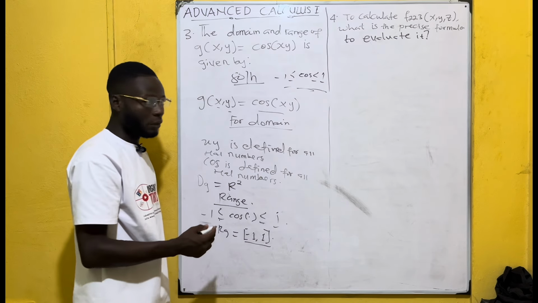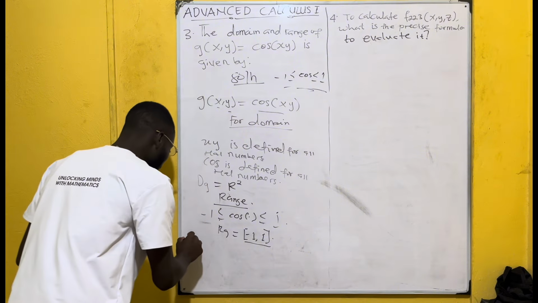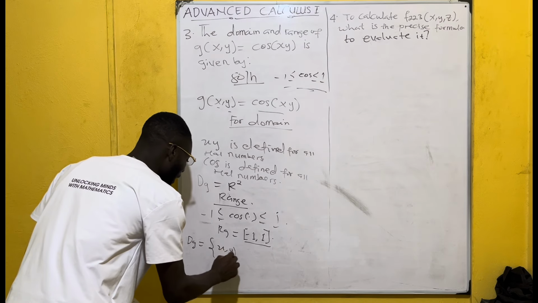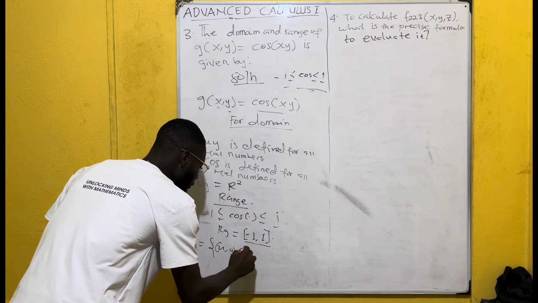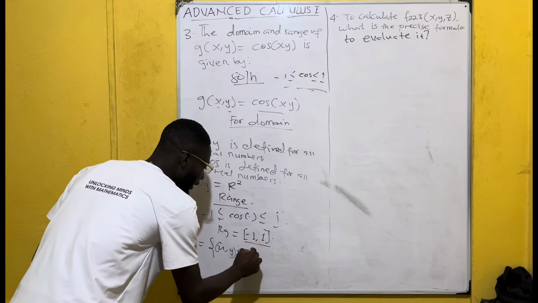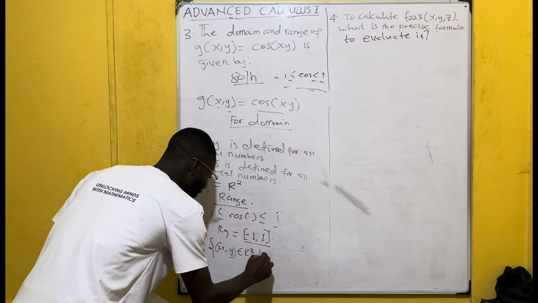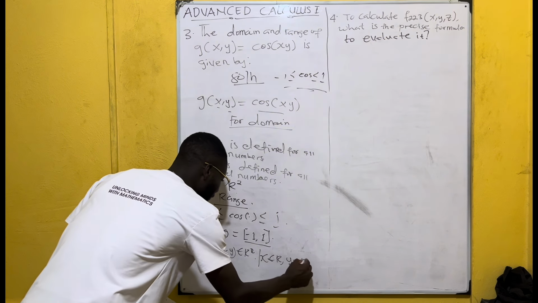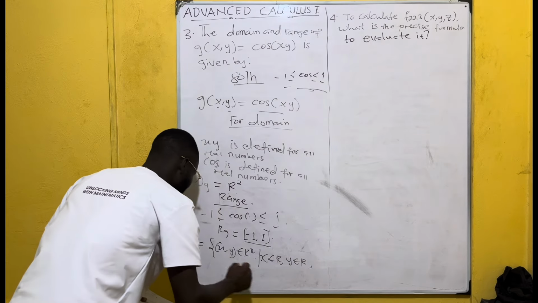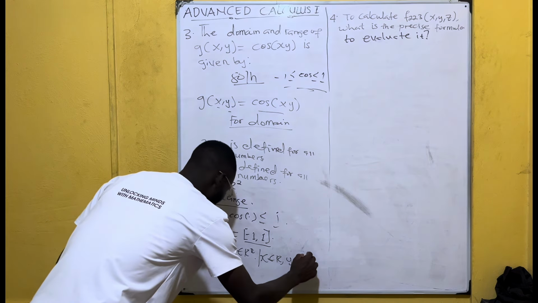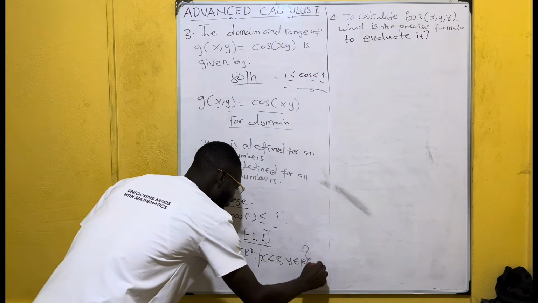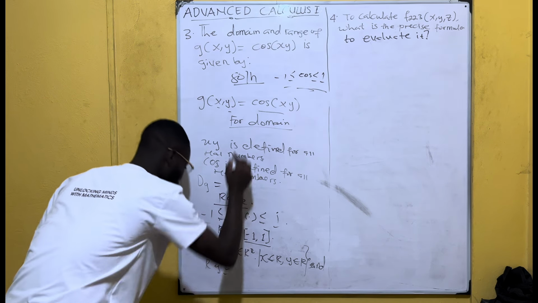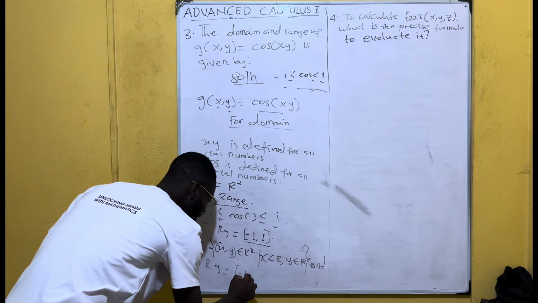So in all, we say that the domain is x, y that belongs to R squared, such that x belongs to R, y belongs to R. Then the range of the function g is -1 to +1.